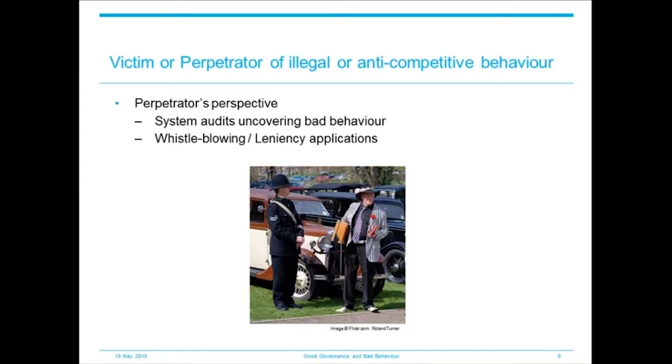The earlier anti-competitive behaviour is discovered, the greater the options available to a company, including whistleblowing, applications for leniency, and the general possibility of reducing potential financial and/or reputational damage.